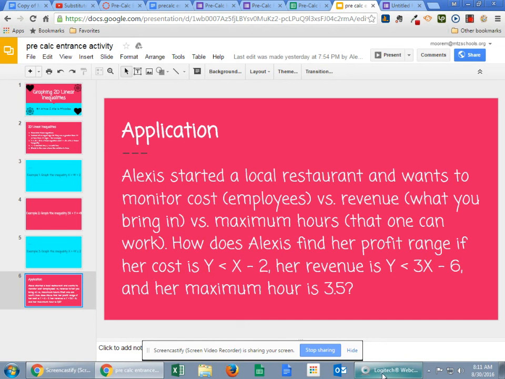And then the second one is y is less than 3x minus 6. So you start at negative 6 and go up 3 over 1, up 3 over 1, up 3 over 1.